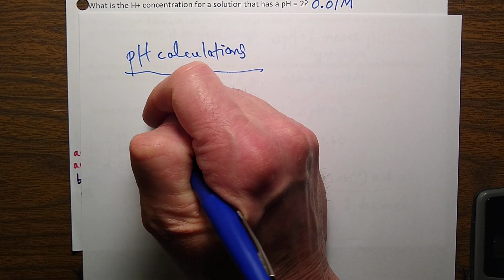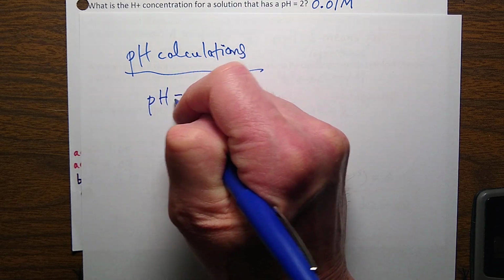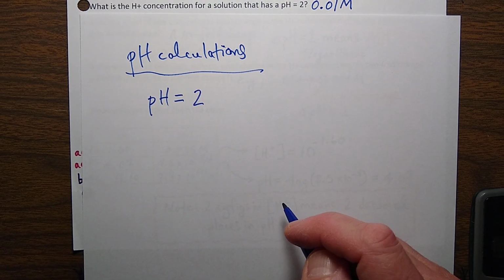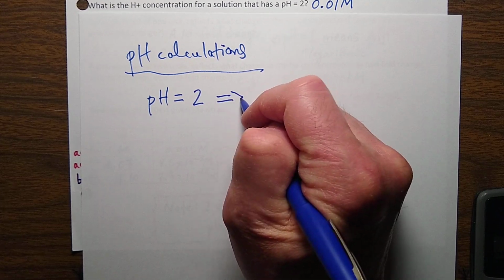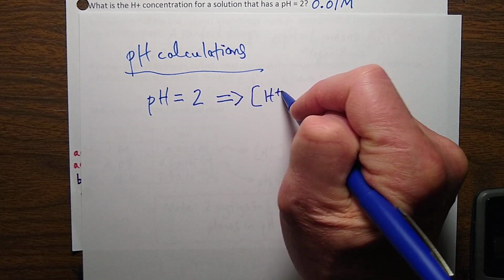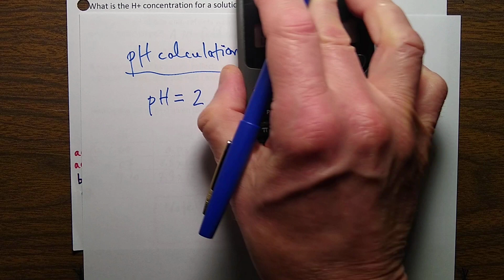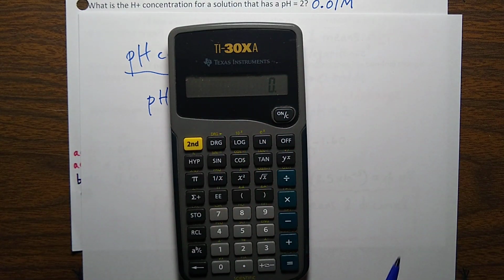Let's just say I give you a pH. Let's start off easy, a pH of 2. What does that mean for the concentration of hydrogen ions? Well, in your calculator, you would enter it simply like this.